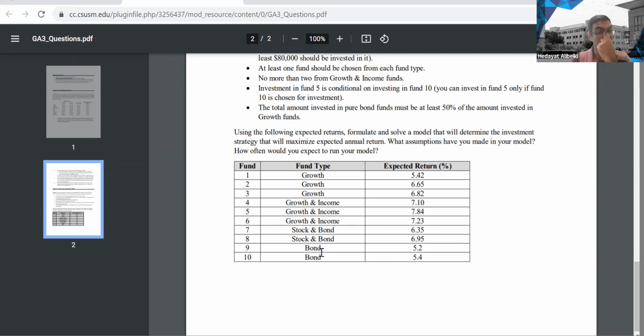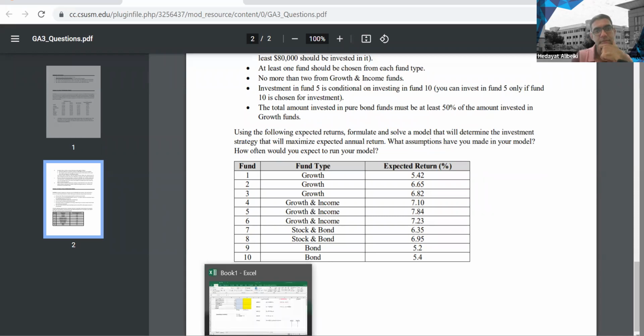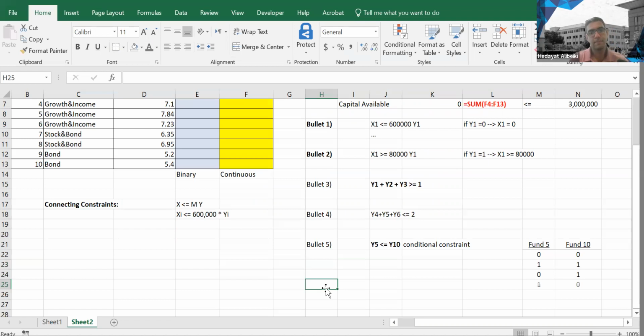So X9 plus X10 should be greater than or equal to 0.5 times the amount in growth funds, X1, X2, X3. So X9 plus X10 is at least 50% of X1 plus X2 plus X3.